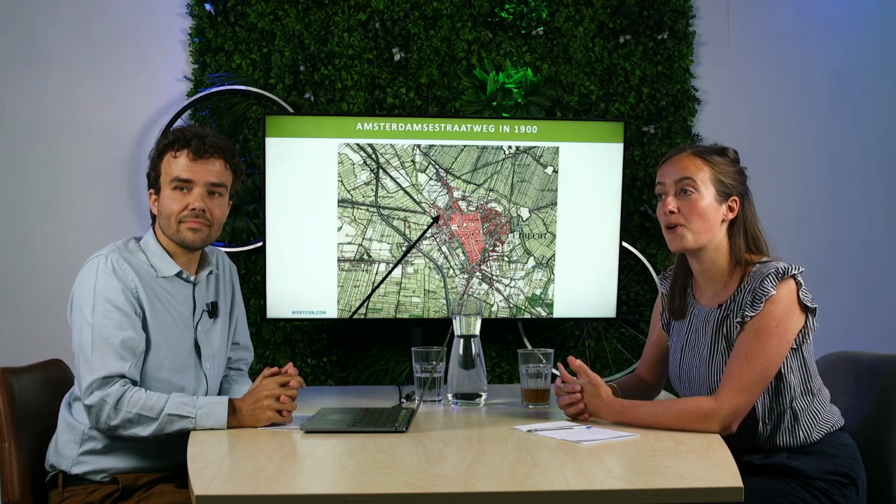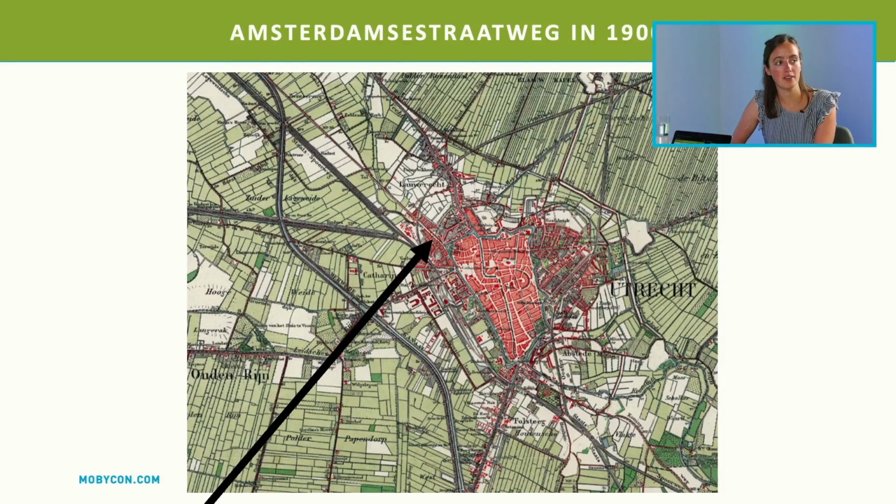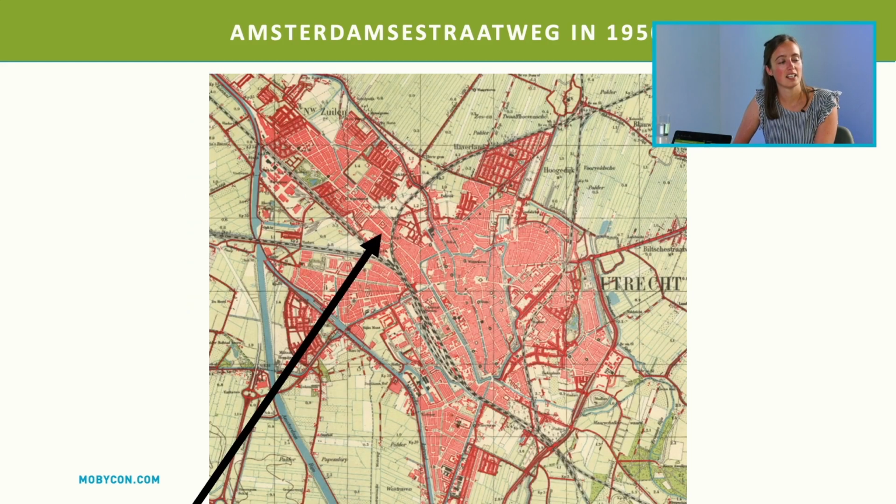You see the arrow pointing out the Amsterdamsestraatweg, the ASW, and throughout time we see that, first of all, the development occurs along the Amsterdamsestraatweg, and as time passes, we see that Utrecht starts to grow on other sides as well, and that new infrastructure is developed. So the big red lines in the map indicate that there are highways formed along Utrecht.